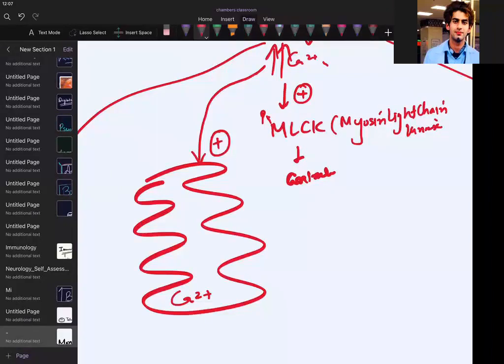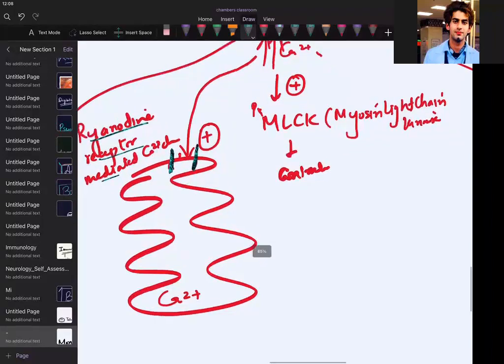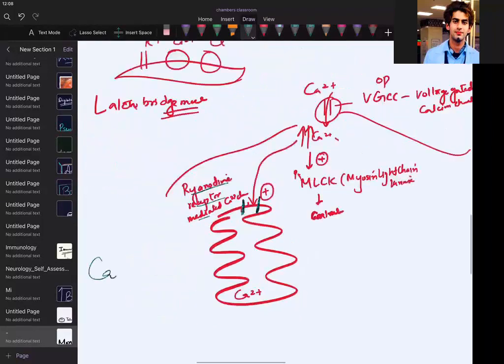It will open the ryanodine receptor, and calcium release will happen.